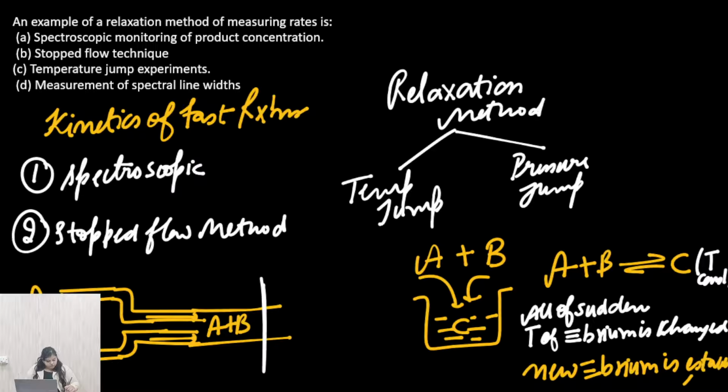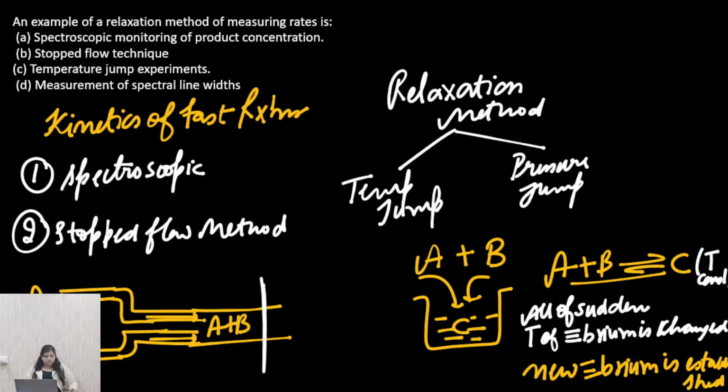All of this you are doing all of a sudden. The time span between the first equilibrium and the new equilibrium being established, that time gap is called the relaxation time. And the name of this method is the relaxation method.